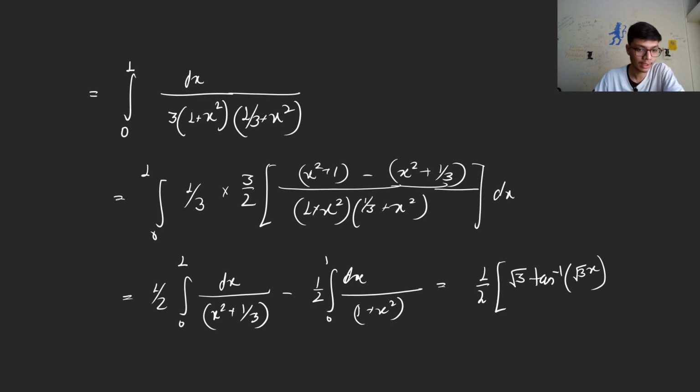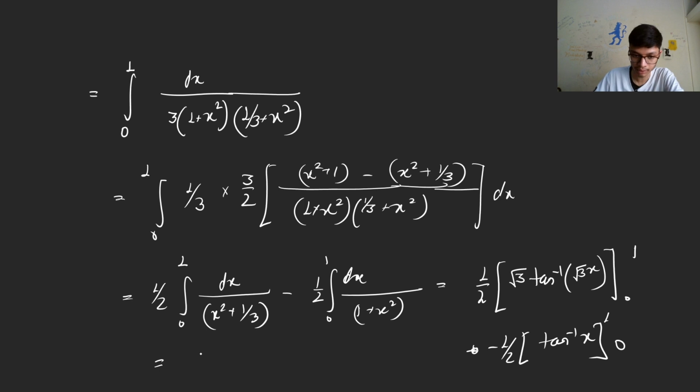You can take this, multiply with 3 and then take 3 out of there, and you can do your simplification on your own, within the limit 0 to 1, minus 1 by 2 times tan inverse of x with the limit 0 to 1. I have done the simplification, and it comes out as root 3 by 2 times pi by 3 minus 1 by 2 times pi by 4.